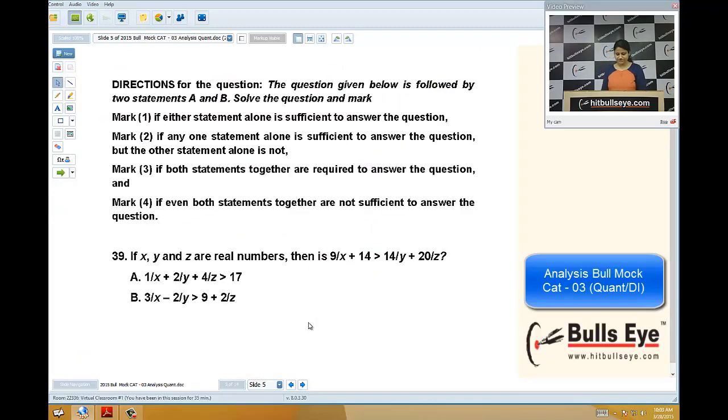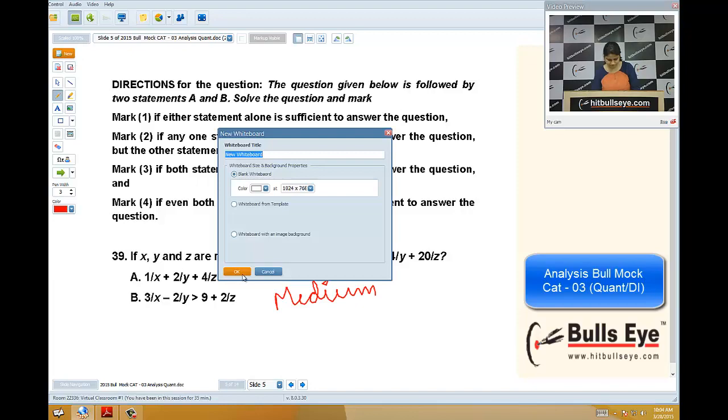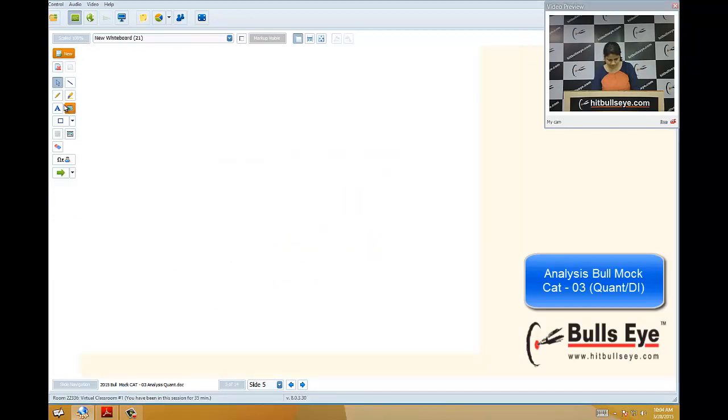Yeah, 39th question. I'll consider this question as medium. Any problem? 39, Sahith. Okay. What are the equations? What is my first equation?